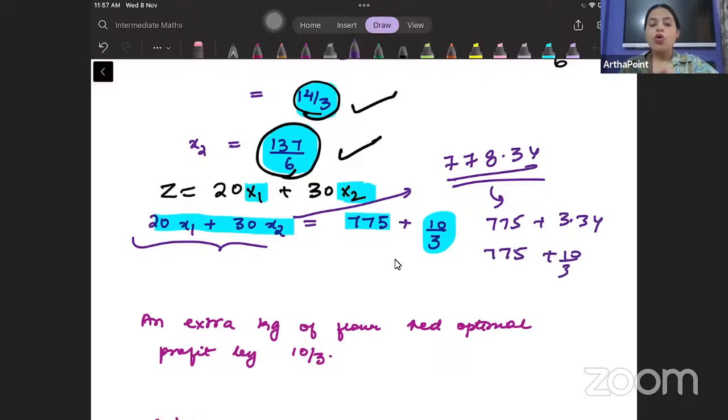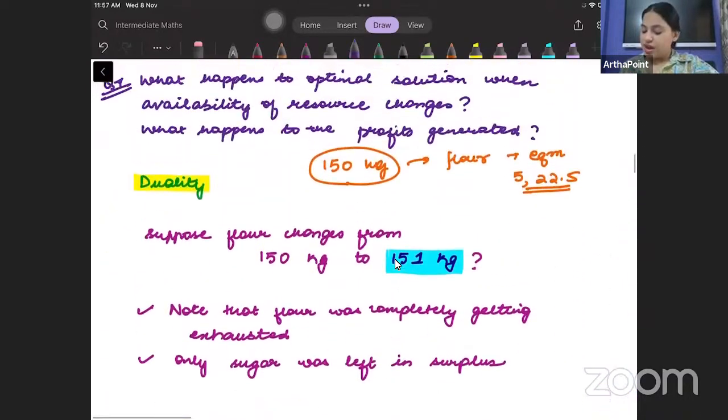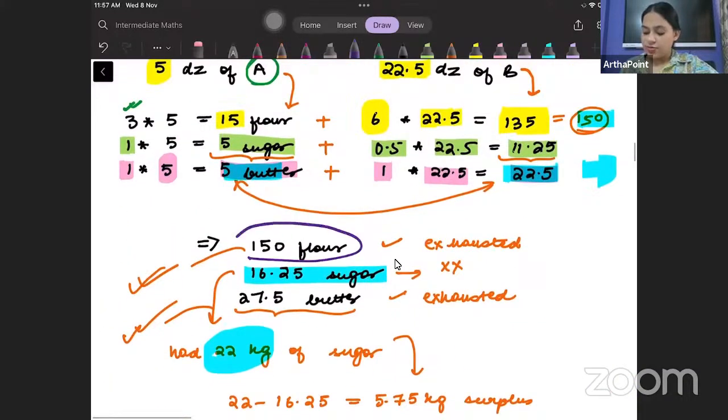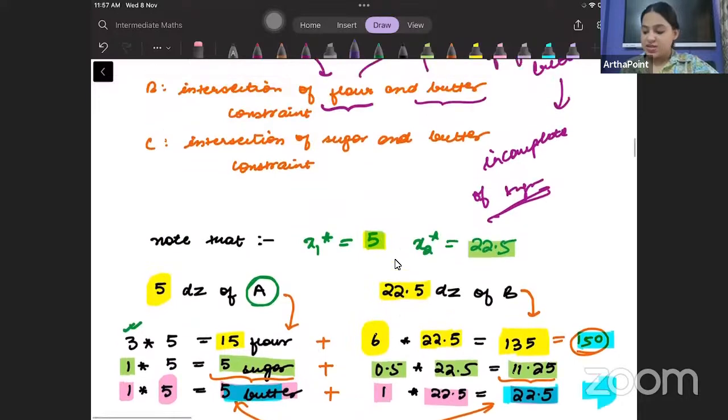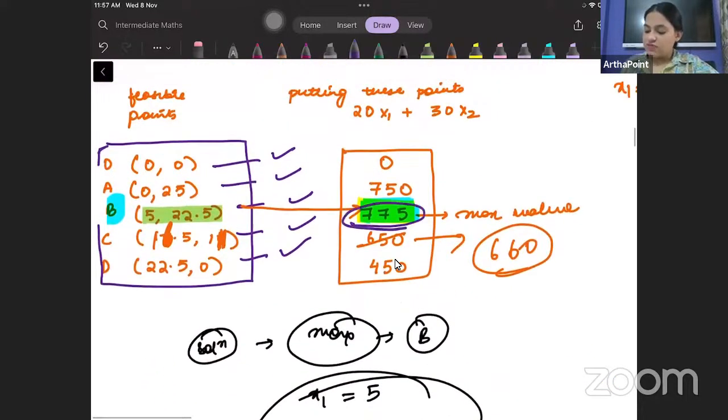अब इसको बहुत ध्यान से हमें इंटरप्रेट करना है. We need to interpret this very carefully. Note that earlier when I had 150 kgs of flour, the maximum revenue that I was generating was 775.